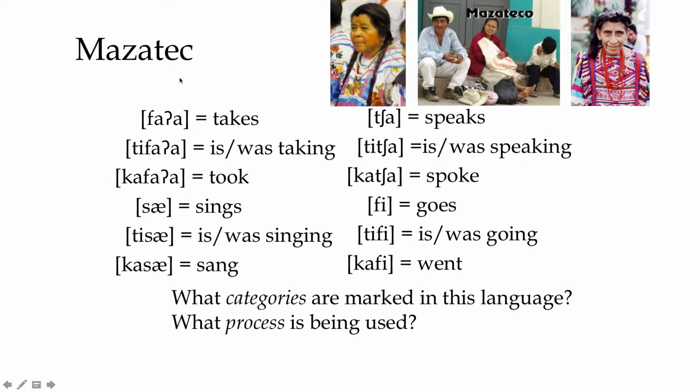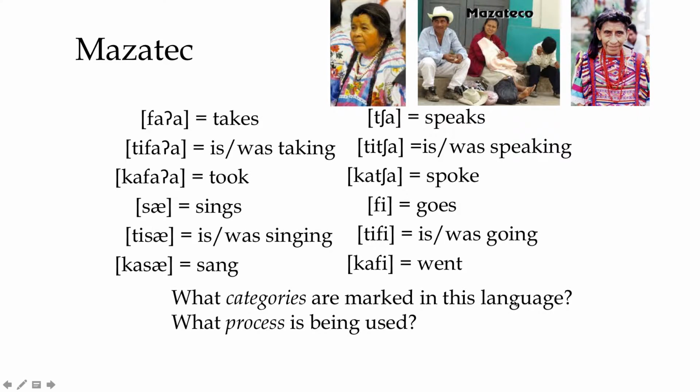Here's some data from Mazatec, which is a language of southern Mexico. Here we have fa'a is takes, ti fa'a is or was taking, and ka fa'a is took. Sa is sings, ti sa is or was singing, ka sa is sang, cha speaks, ti cha, ka cha, fi goes, ti fi, ka fi.